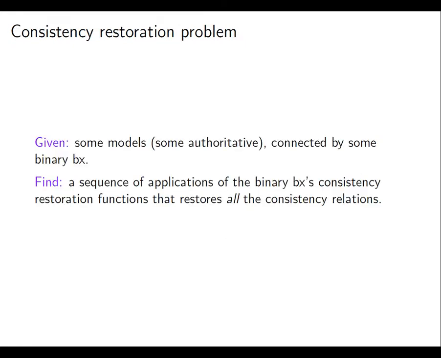And so for purposes of this talk, the consistency restoration problem says, given some models, some of them authoritative, connected by some binary bx, we want to find a sequence of applications of the binary bx's consistency restoration functions that restores all of those consistency relations.